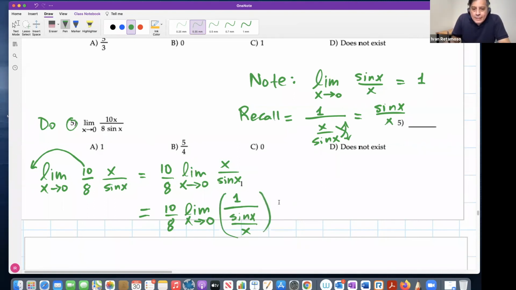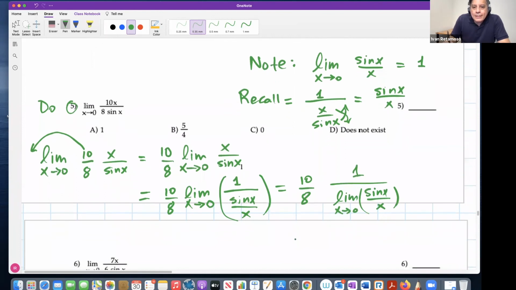But then in turn, this should be 10 over 8, 1 over the limit of sine of x over x as x approaches 0, where the limit of the constant function is just 1. But basically at that point we are done, because this is 10 over 8, 1 over what? The limit of sine of x over x as x approaches 0 is just 1.